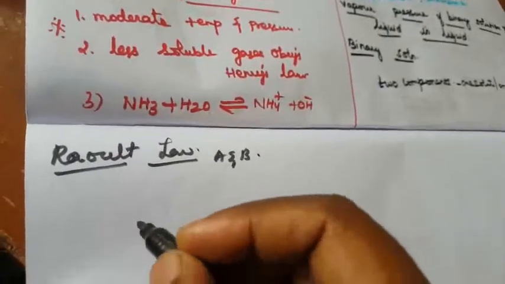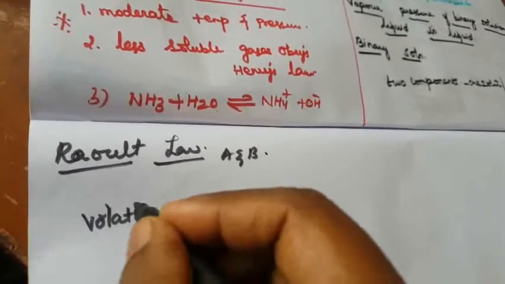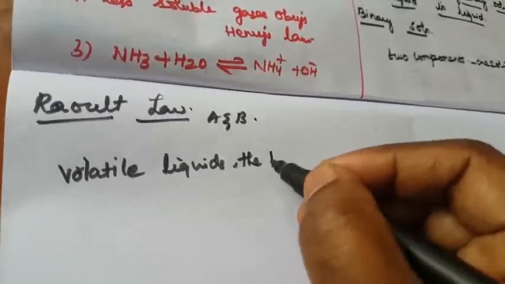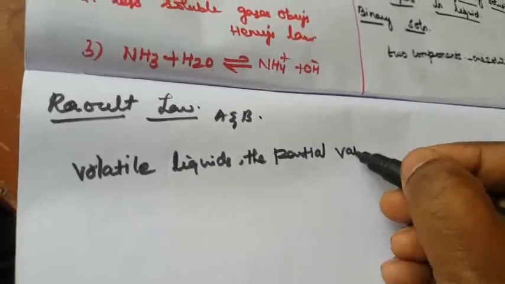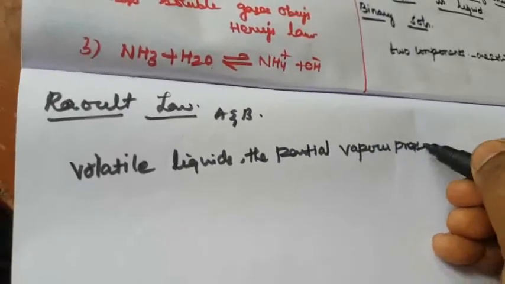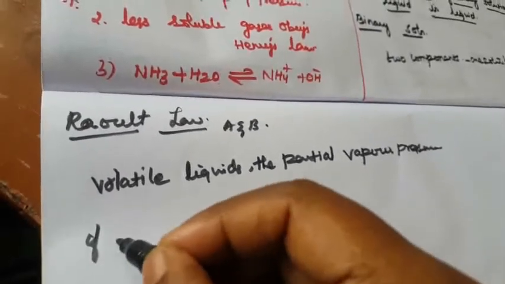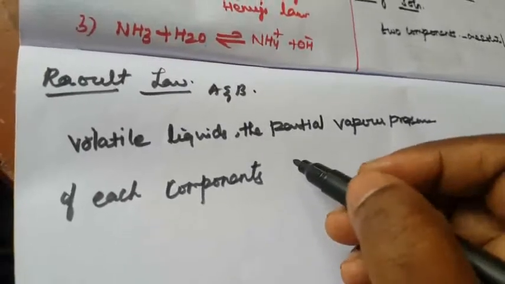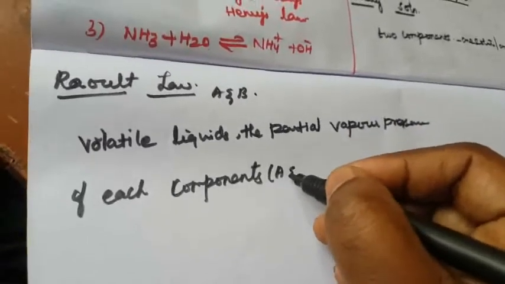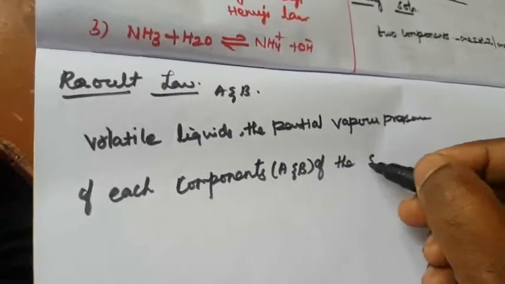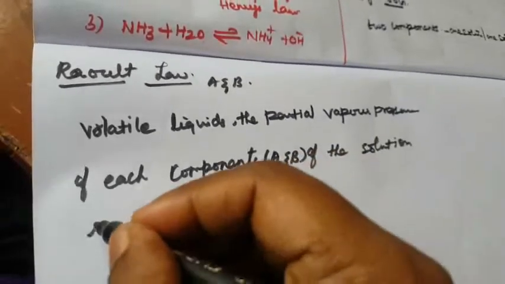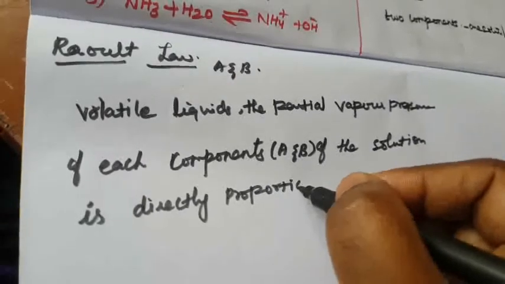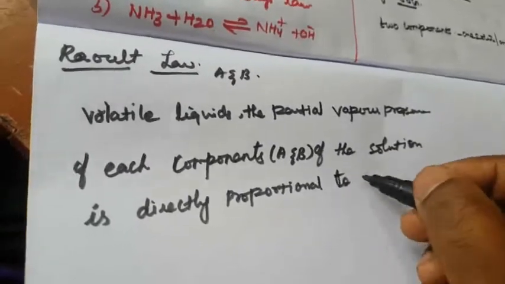What is meant by Raoult's law? In case of a solution of volatile liquids, the partial vapor pressure of each component, A and B, of the solution is directly proportional to its mole fraction.